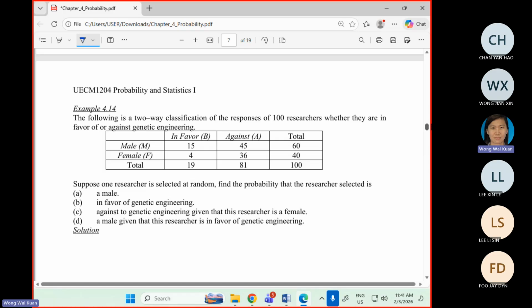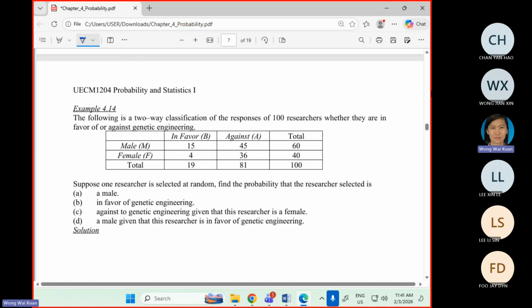Okay. Now, the following is a two-way classification table. This style of table, we call a two-way classification of responses of 100 researchers, whether they are in favor of or against genetic engineering. So they will ask, are you okay or not okay with genetic engineering?